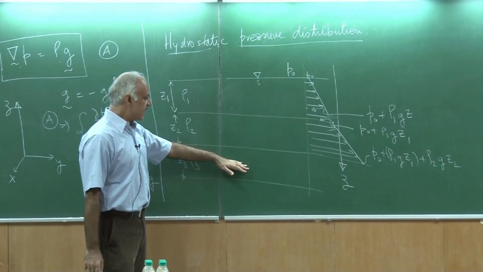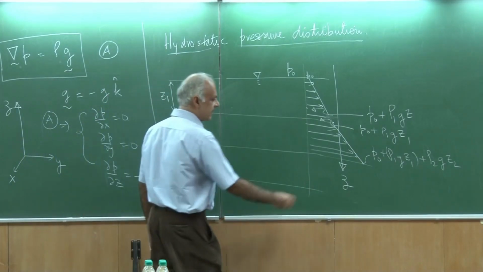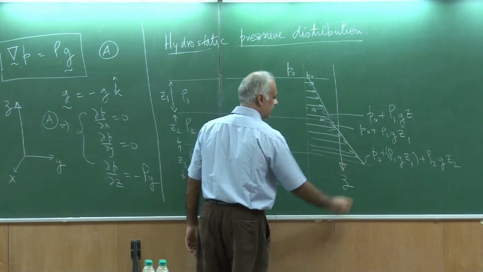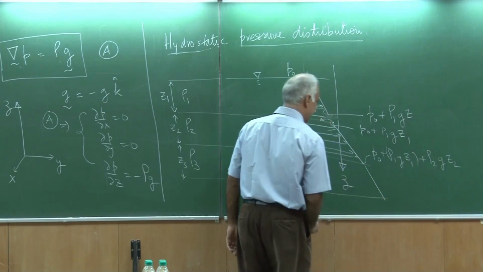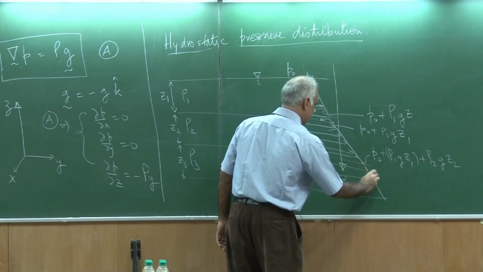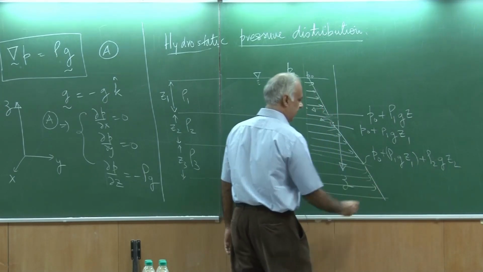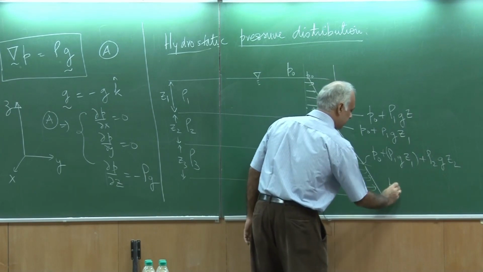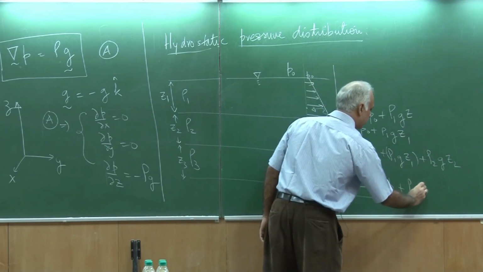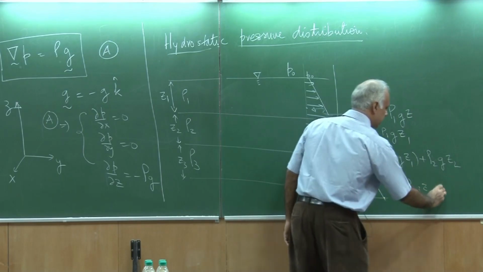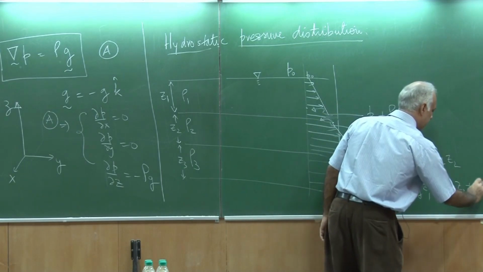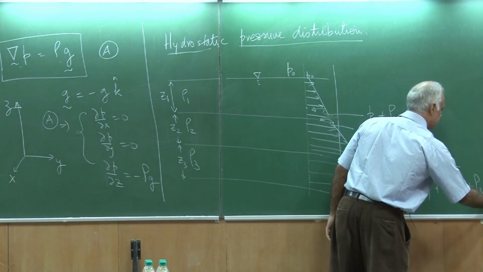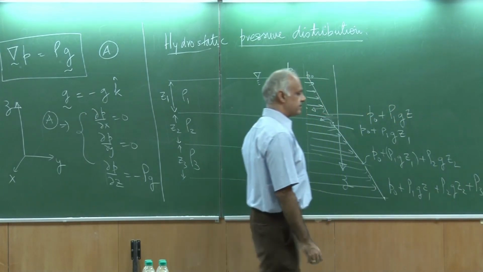When I go to this layer over here, then I would have to integrate starting from the value over here, and of course I could draw another linear variation. So this would be the pressure here, and this value at the end would be P naught plus rho 1 g z1 plus rho 2 g z2 plus rho 3 g z3.